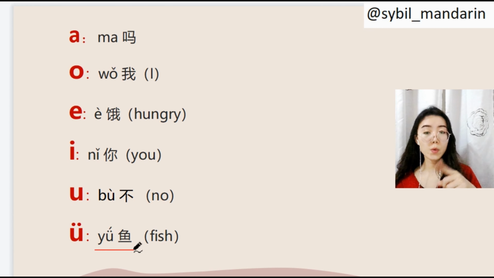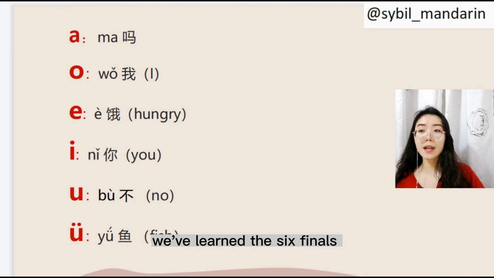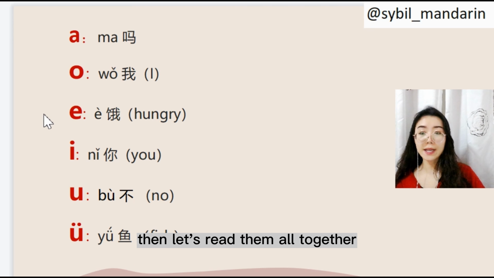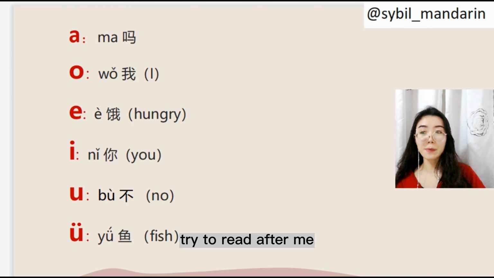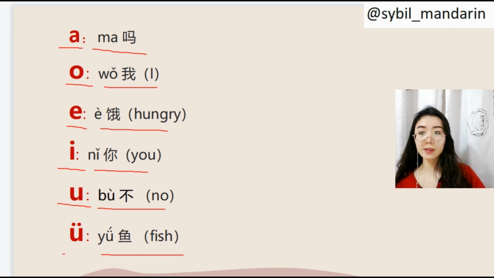Alright, so for now, we've learned the 6 finals. Then let's read them all together. Try to read after me. 啊妈乌我一你不鱼. Okay, second time. Read them faster.